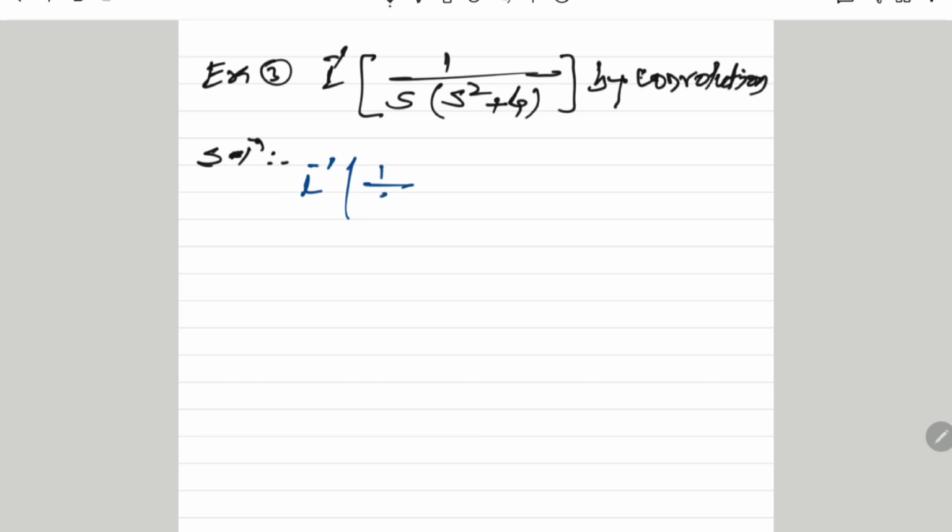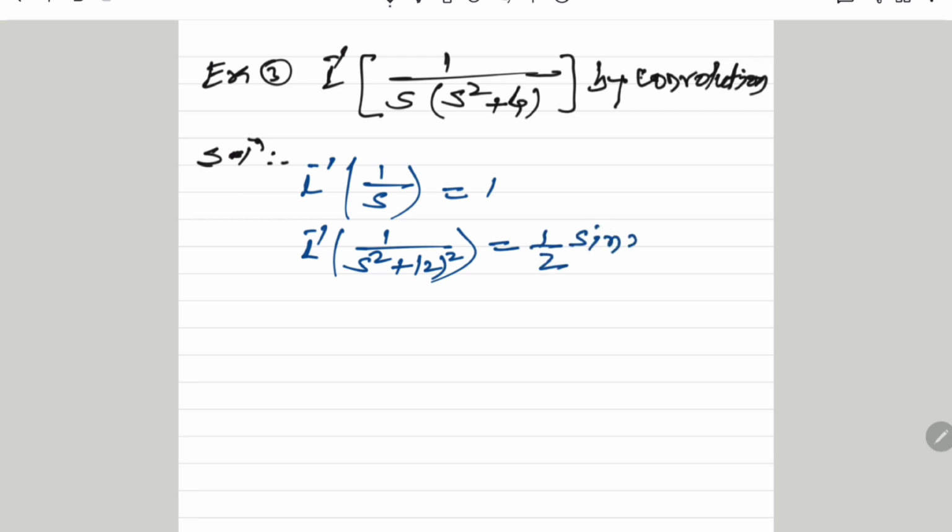The first one is 1 by s, its inverse is 1. Inverse Laplace of the second term 1 upon s square plus 4, 4 means 2 square, is 1 by a, 1 by 2, sine of at, sine of 2t. Minimum terms of t, here 0 term of t, therefore that term we call g of t, and the second one f of t say.